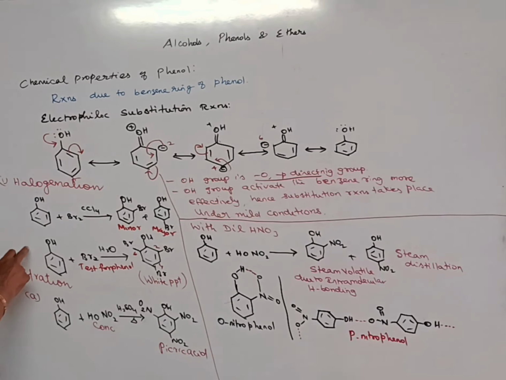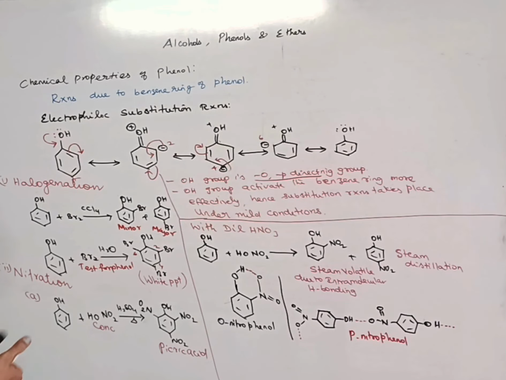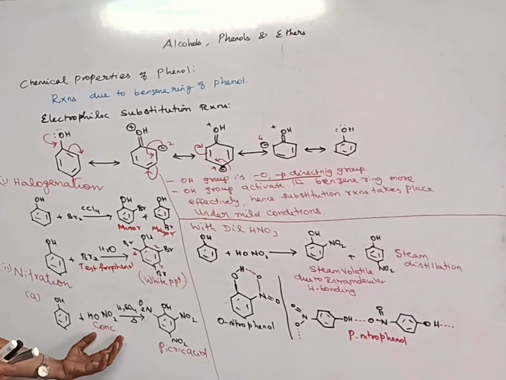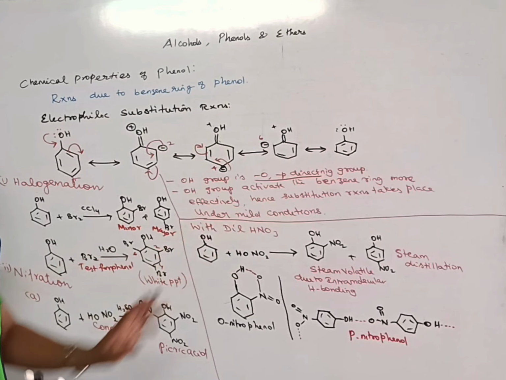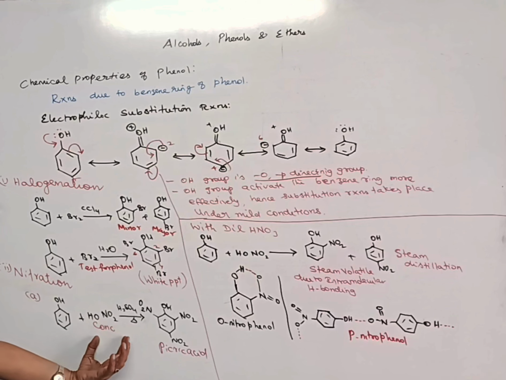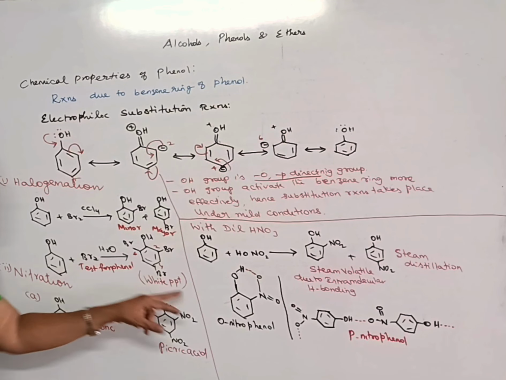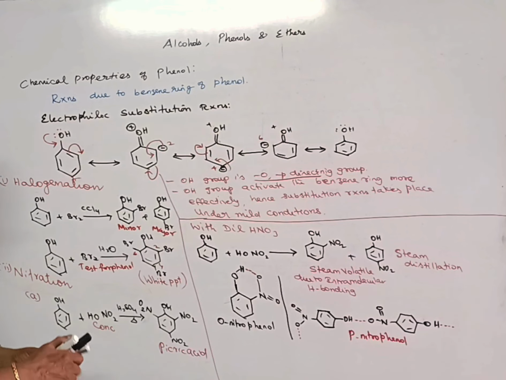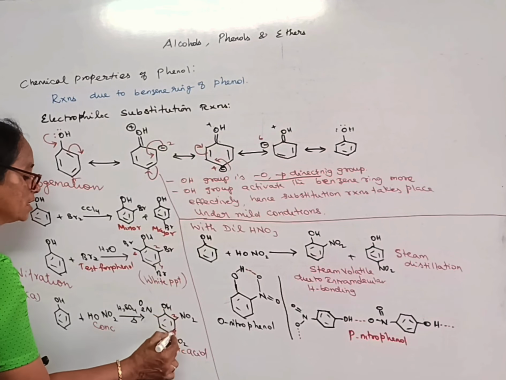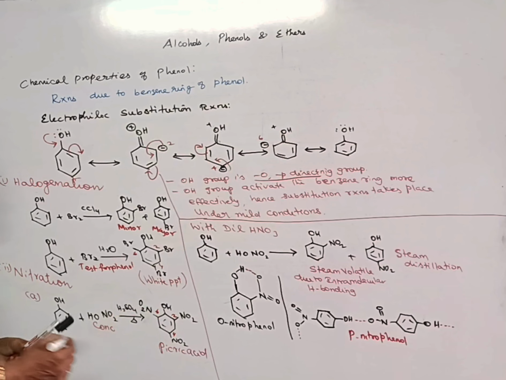The next reaction, nitration. Nitration is also possible with the concentrated nitric acid and dilute nitric acid. With the concentrated nitric acid, phenol gives once again polysubstituted phenol. So we have the nitro group at 2nd position, 4th position and 6th position.